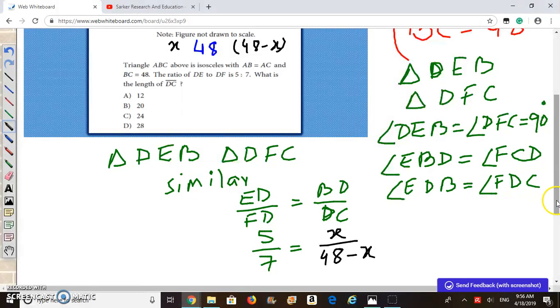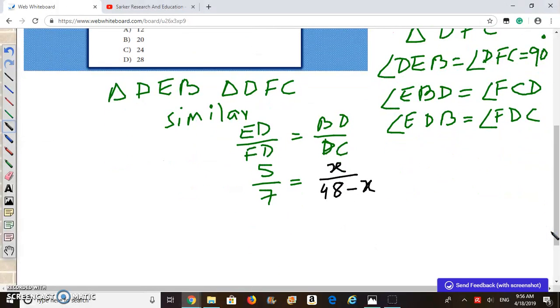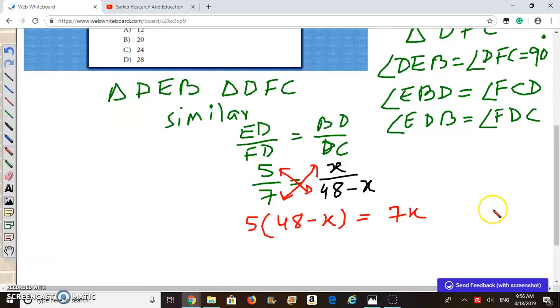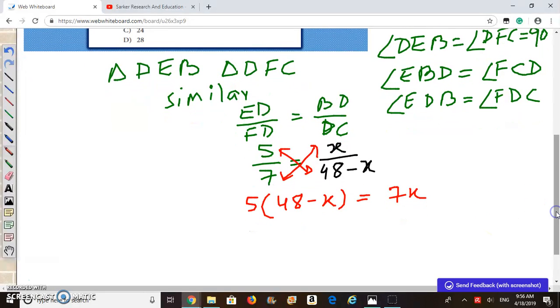Now we will have to solve for X. So what do we do? We do cross multiplication. You remember, right? We have discussed it a lot in the other videos. So 5 times (48 minus X) equals 7 times X. We cannot use a calculator, so let me show you the multiplication here.